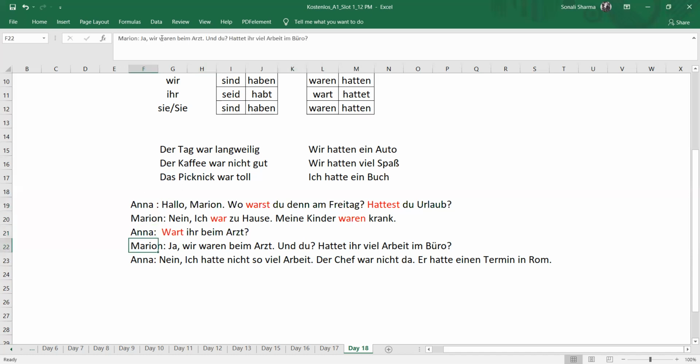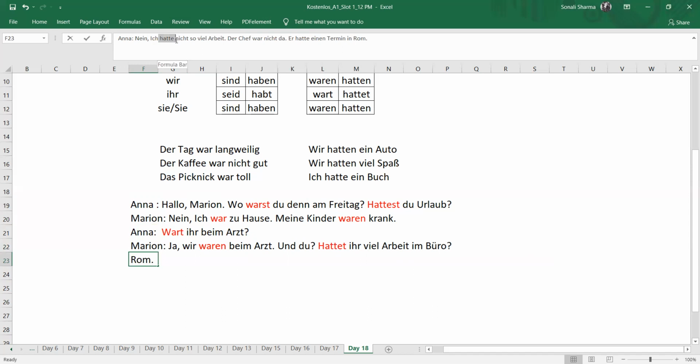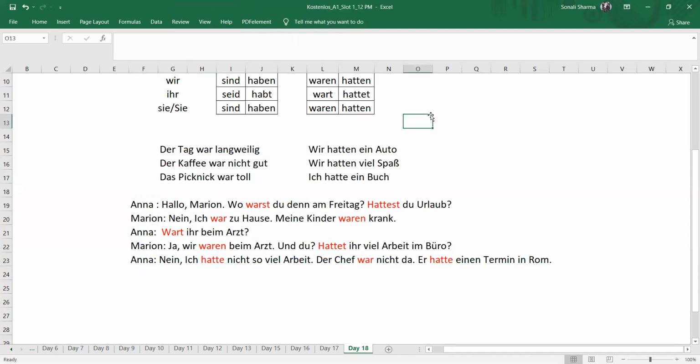In Marion, it was waren and hattet. Next, in Anna, it was hatte. And der Chef war, and here hatte. So if you want to describe your past experiences, you have to put this Präteritum form.